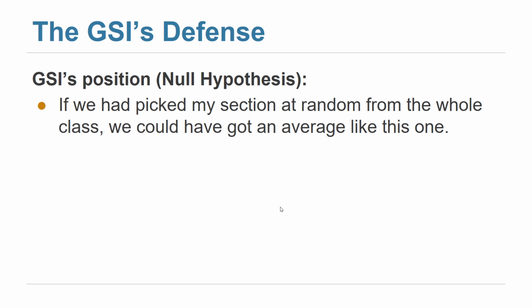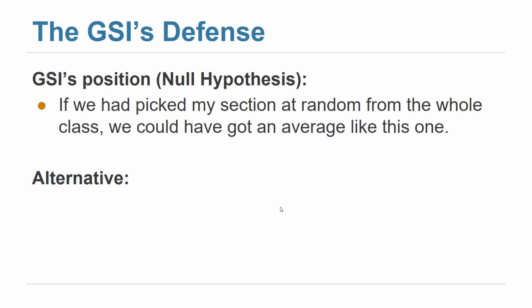Section 3 has 20 students. If we took 20 students out of the entire class, maybe let's say 300, and computed their average, it would not be different from the average that section 3 got. So that's the null hypothesis, and it is clearly a chance model, because it's saying that sampling randomly from the entire population, which is the entire class, will give us an average like this.